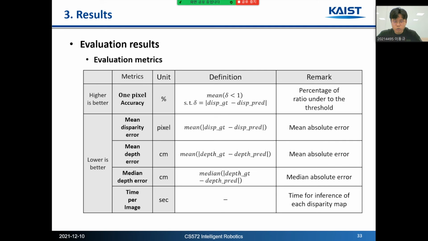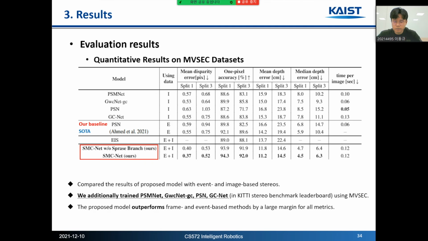When testing, we also measure the time it takes to infer one disparity map. Since all stereo studies using events have compared the performance of event stereos, the stereo results using images are additionally needed. So we trained various models using MVSEC.